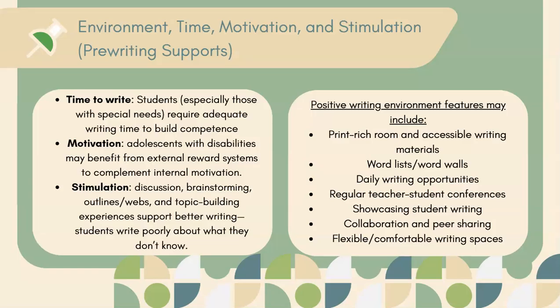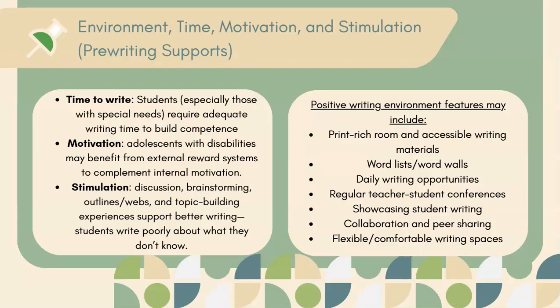Environment, time, motivation, and stimulation are pre-writing supports. So we need to make sure that we are giving our students adequate time to write to build the competence that they need. We also need to give them motivation. Sometimes, adolescents especially, but individuals with disabilities may benefit from having reward systems to complement internal motivation.